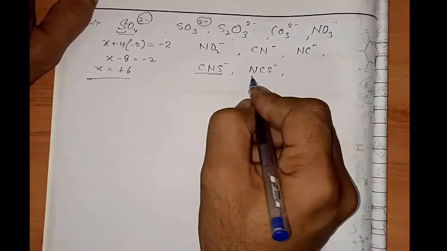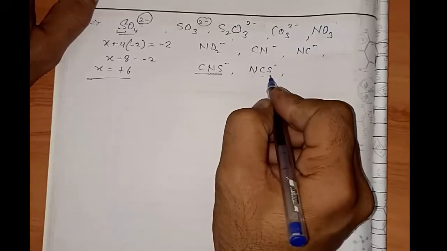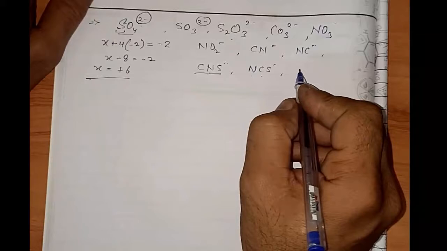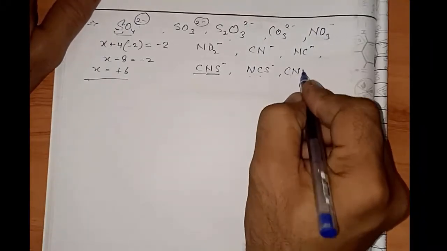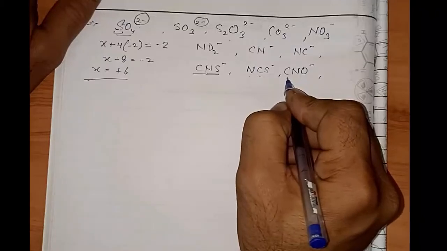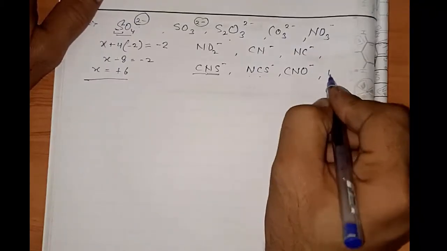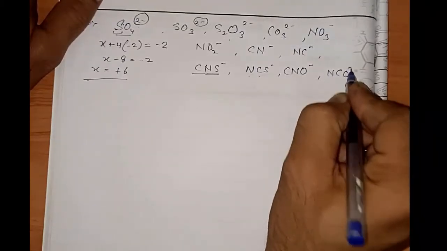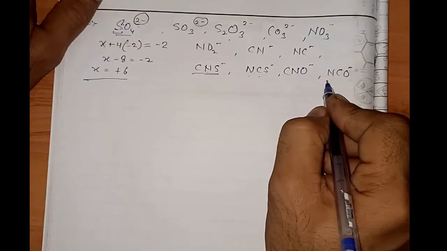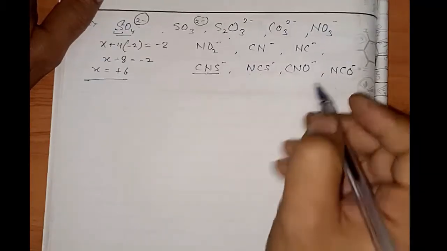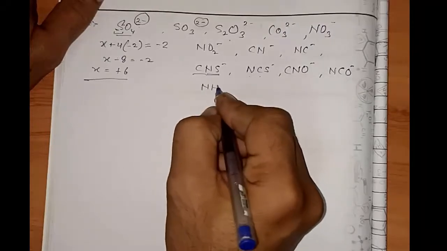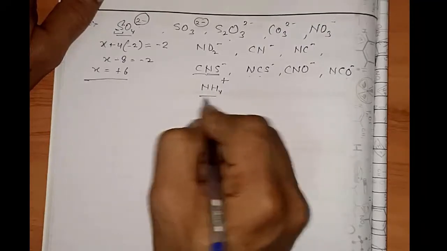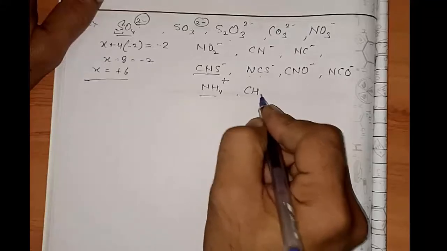NCS minus is isothiocyanide ion. OCN minus is cyanate ion, NCO minus is isocyanate ion, and NH4 plus is called ammonium ion.